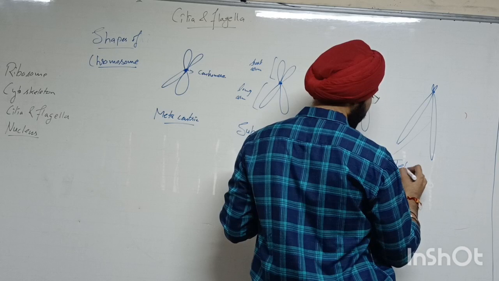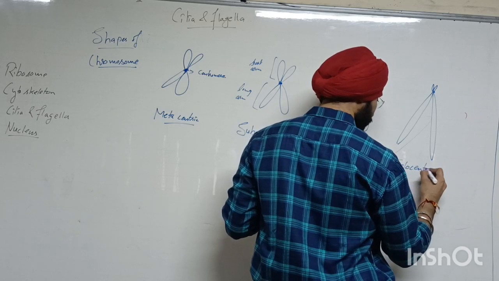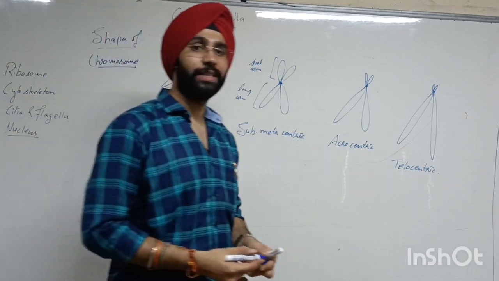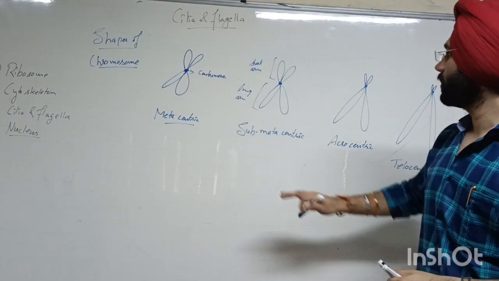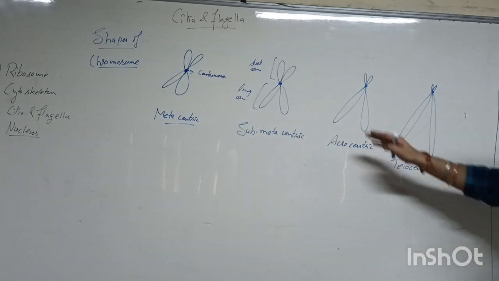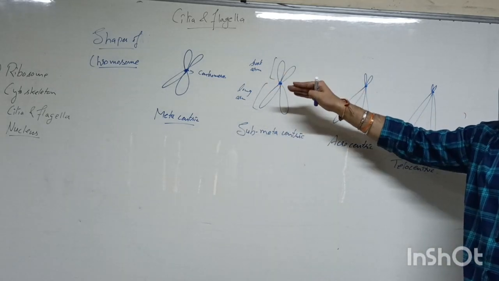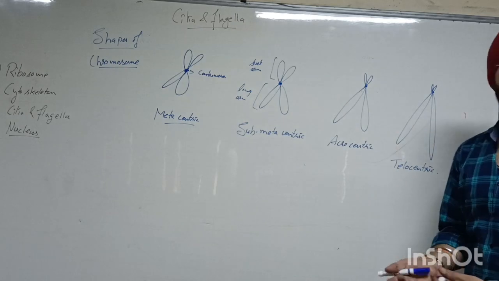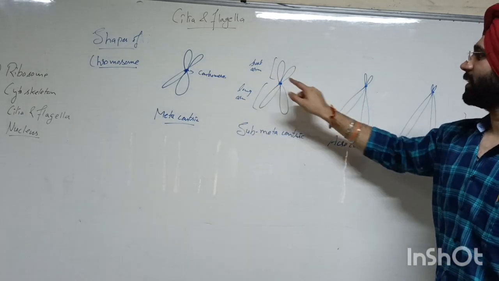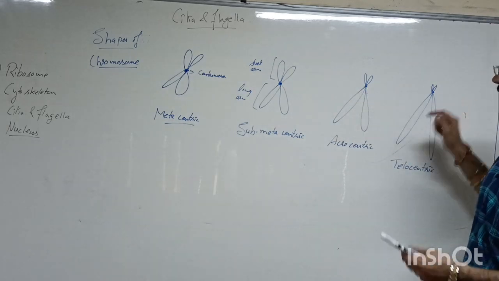This is telocentric. So these 4 types of chromosome are explained in your NCERT as I have drawn on the board. From metacentric to telocentric, the position of the centromere is moving upward, coming near to one end of the chromosome, like this, and after that, and this.